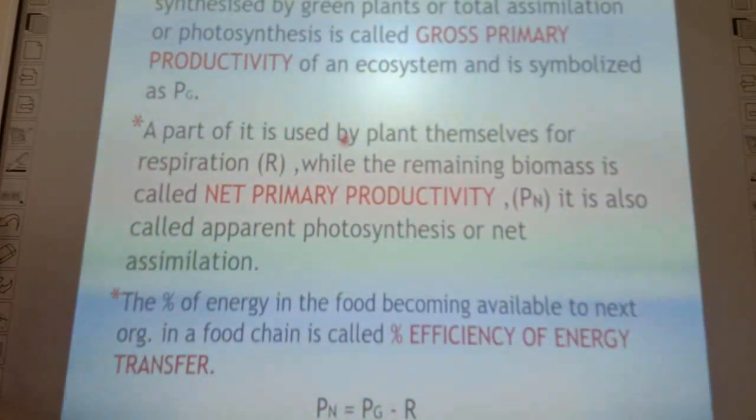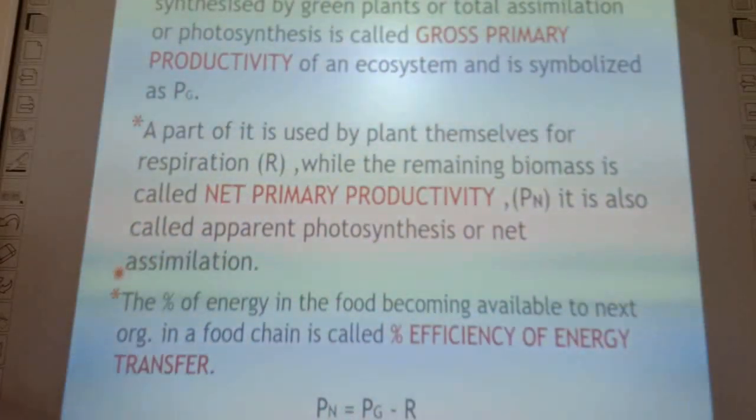A part of it is used by the plants themselves for respiration, while the remaining biomass is called net primary productivity, or PN, also called apparent photosynthesis or net assimilation.